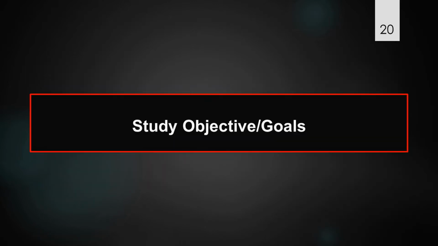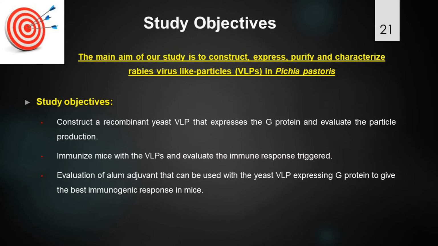Study objectives and goals. The main aim of our study is to construct, express, purify, and characterize rabies virus-like particles, known as VLPs, in Pichia pastoris.